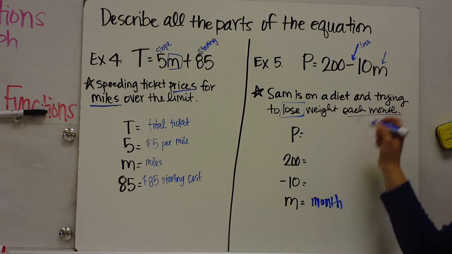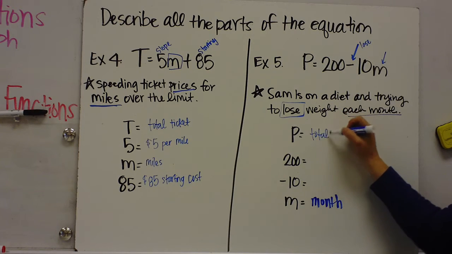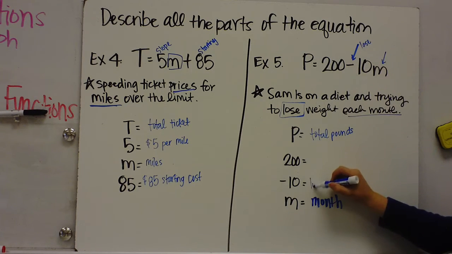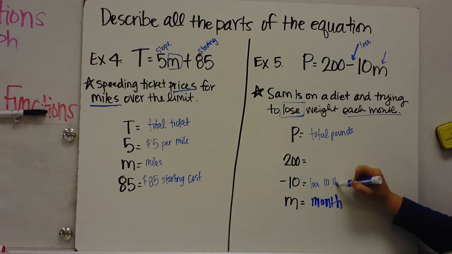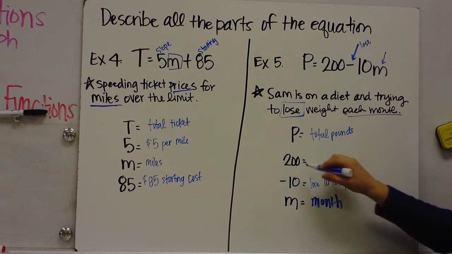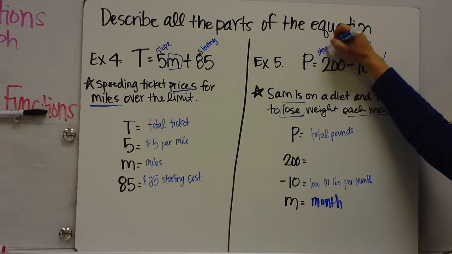And because we're talking about weight, we must be talking about pounds. So P is total pounds. Negative 10 means that's how he's trying to lose 10 pounds per month. And then the 200, that extra number, that's your starting amount, right?